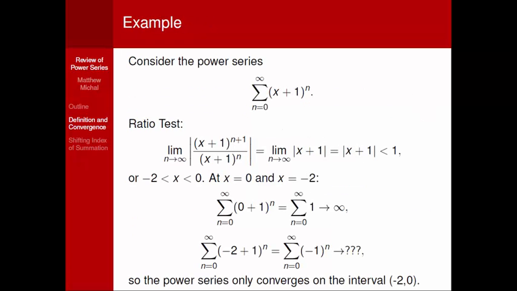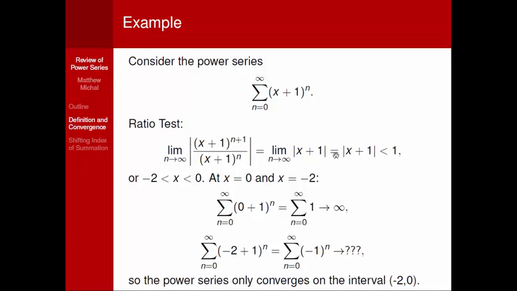So, here's the power series. All my a_n's are equal to 1, so I have an x naught, which is -1. So, does this converge? Use the ratio test comparing these two values. Well, the limit just ends up being the absolute value of x plus 1 as n goes to infinity. And since none of these depend on n, it's just itself. It's just a constant number.